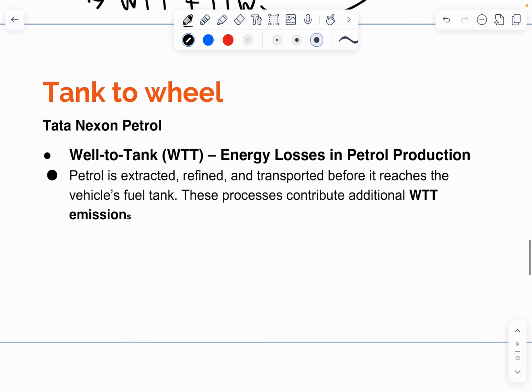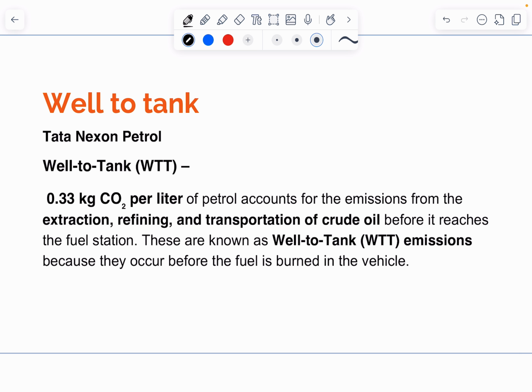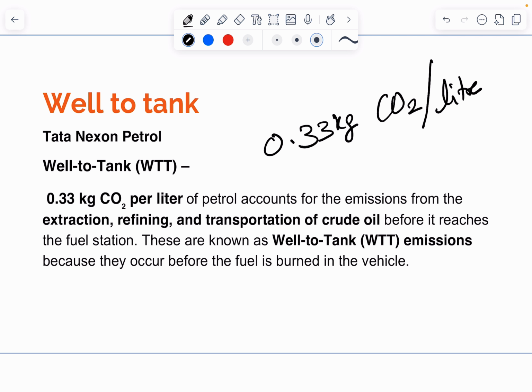Right. Petrol is pretty simple. You already know how to do it. Again, I take some assumptions. I assume some numbers for petrol which is being extracted, and this is the number I have taken. Again, this number depends upon where the refinery is located, what is the technology being used in the refinery, and stuff like that. For me, this number is 0.33 kgs of CO2 per liter of petrol.